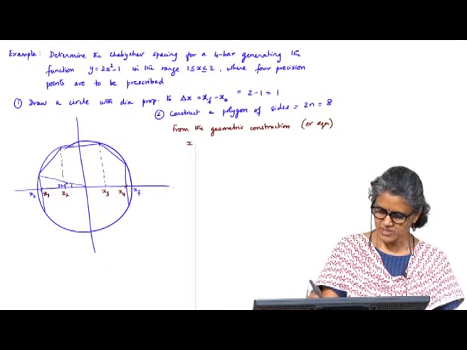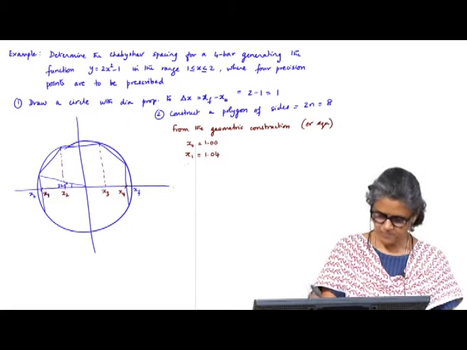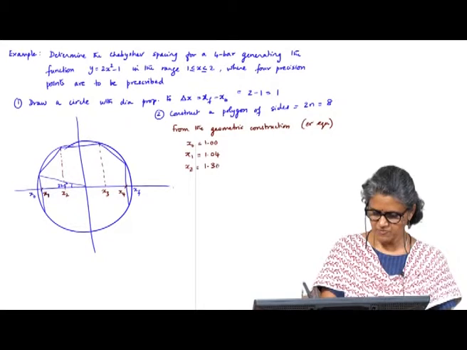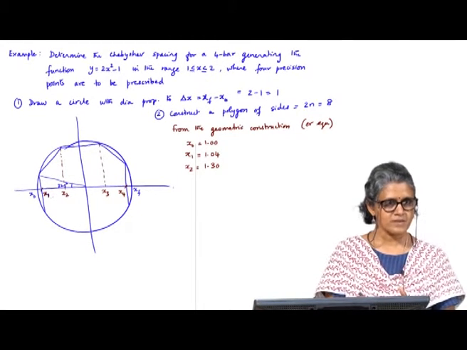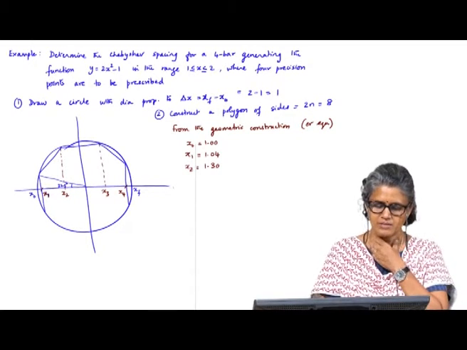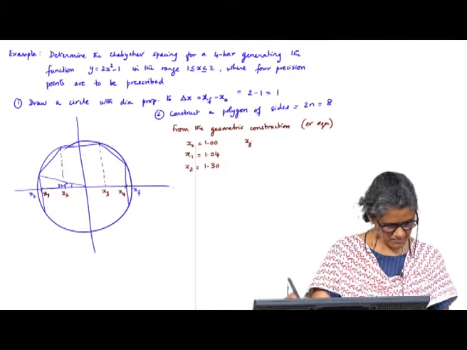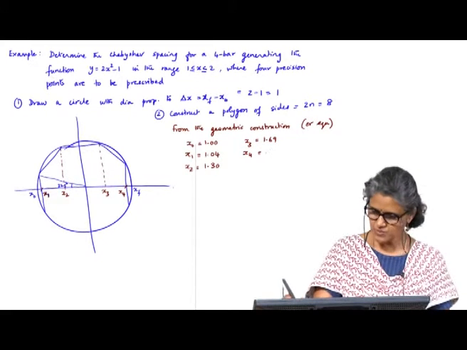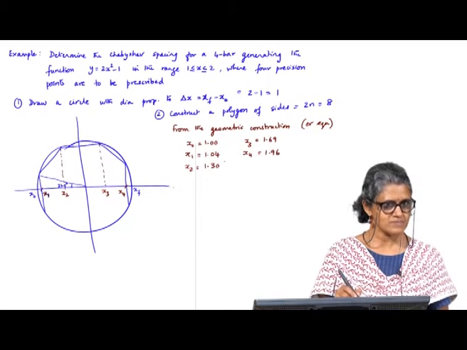I have x0 equal to 1, x1 1.04, x2 1.3. Even if you don't remember the equation, you can find x1, x2, x3 from the geometry. So x3 equal to 1.69, x4 equal to 1.96, because you may not be able to measure this off that accurately otherwise.